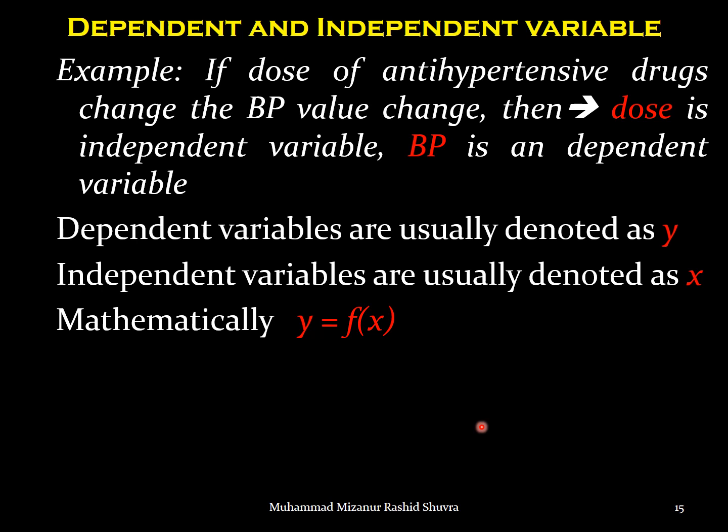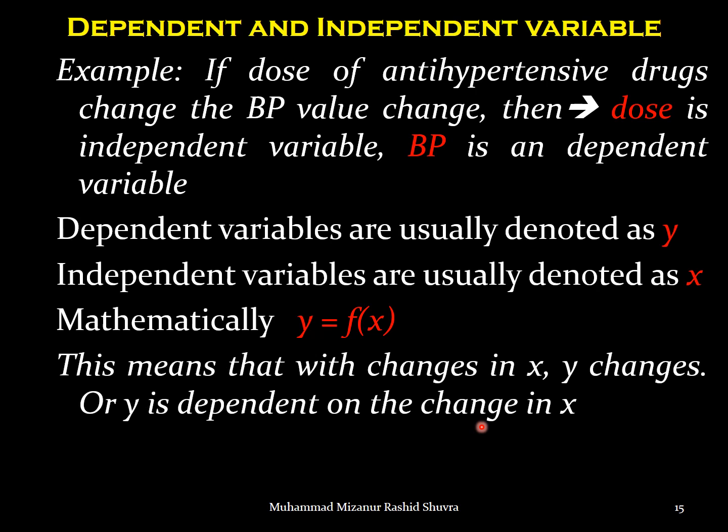We'll see this later. But what does it mean? Mathematical symbols should always be interpreted in English, and this means that with changes in x, y changes, or y is dependent on the change in x. Okay, how does that happen? If you remember mathematics and functions a little bit, it is to some extent pre-calculus, but also algebra by itself.